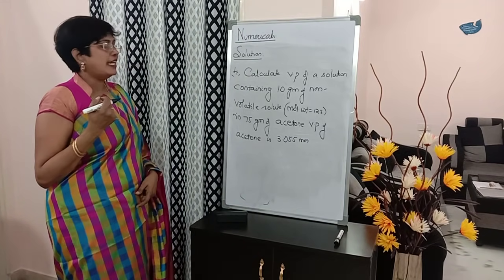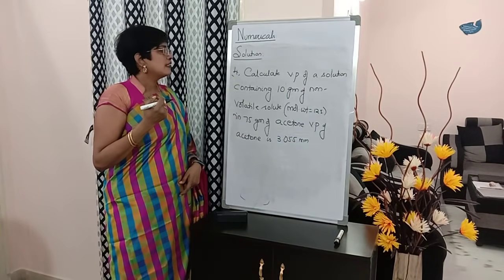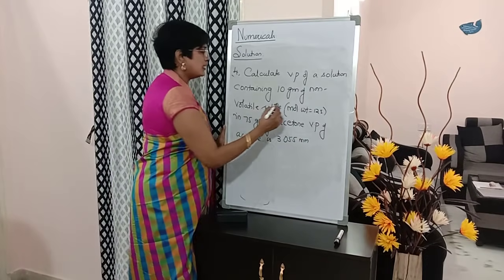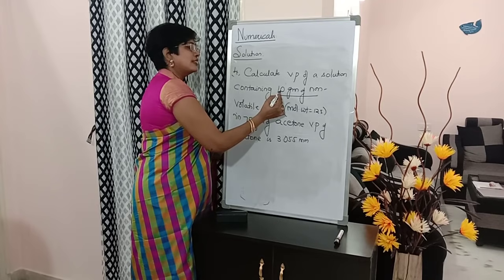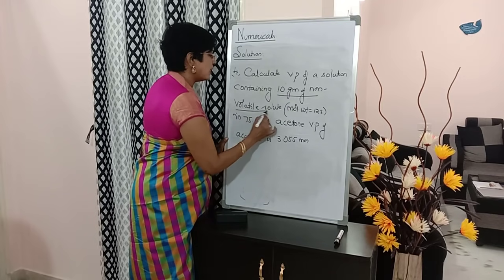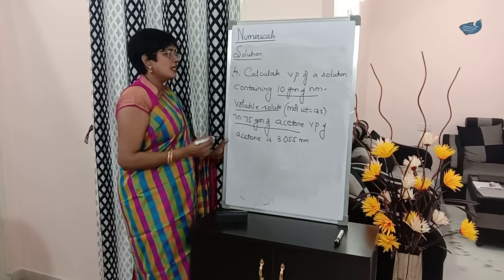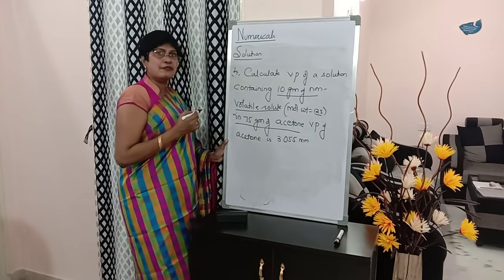Problem: calculate the vapor pressure of a solution containing 10 grams of non-volatile solute. The solution is made by dissolving 10 grams of non-volatile solute in 75 grams of acetone, and the molecular weight of the non-volatile solute is 125.